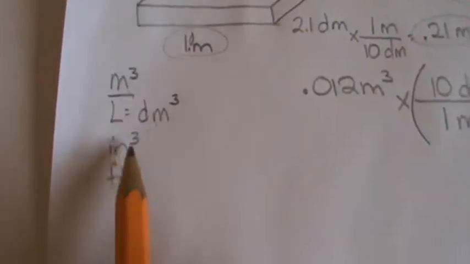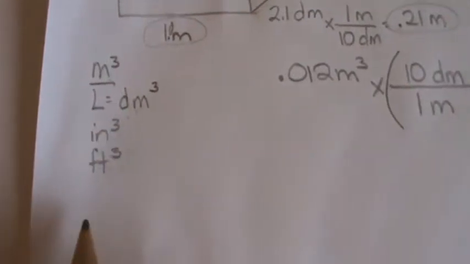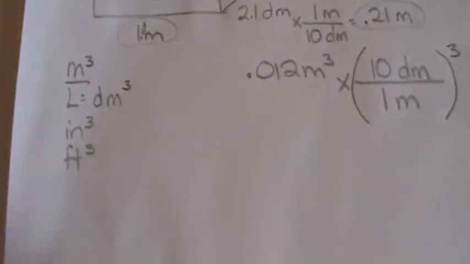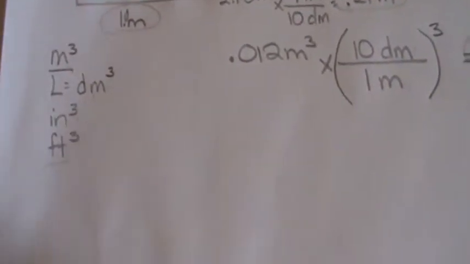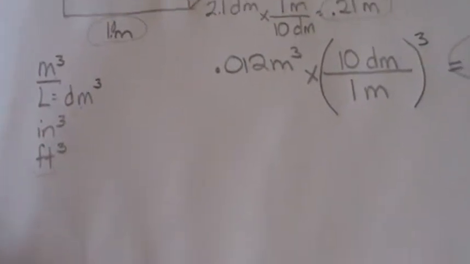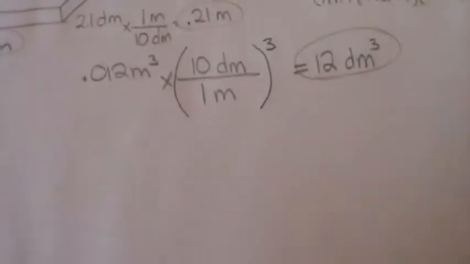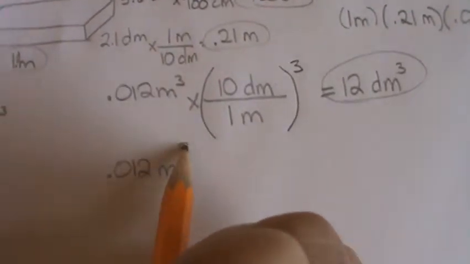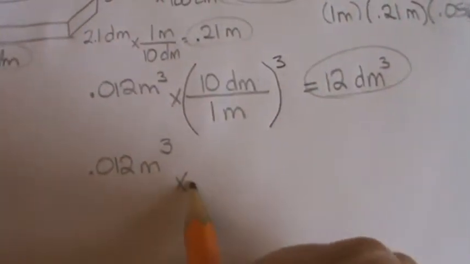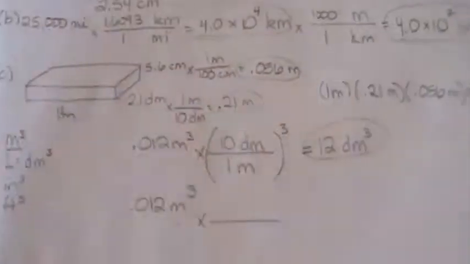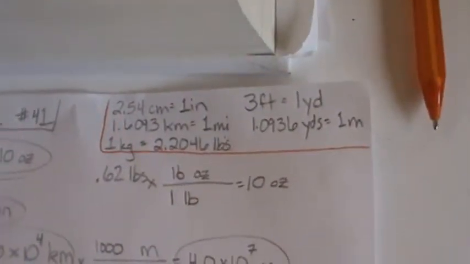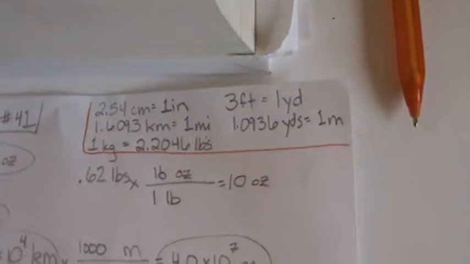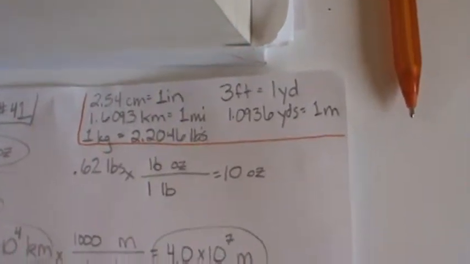Okay. Now the next part of this is they have inches cubed. Okay, so this might take a minute of getting. Let's find our feet cubed first, actually. All right, so I'm going to start again with my 0.012 meters cubed. Okay, and now in the back of the book, this is rather frustrating, but they give me the number of yards in a meter, but they don't give me the number of feet in a meter.